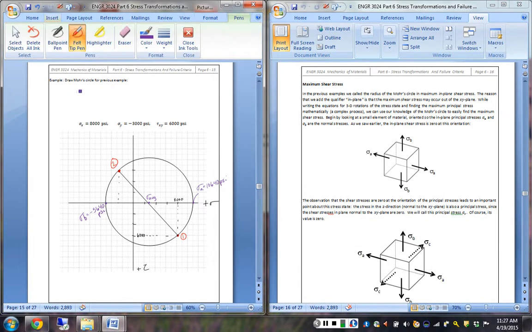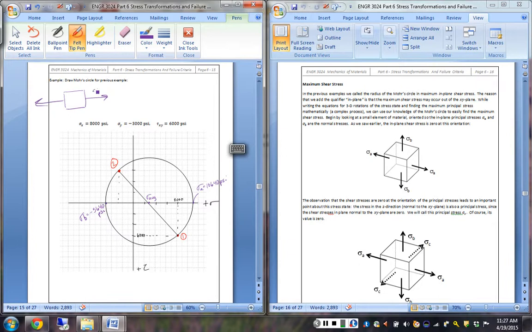And we're going to start by thinking about this same example that has this arbitrary stress state of sigma x equals 8,000, sigma y equals minus 3,000, and the shear stress of 6,000. And we've drawn this before in our planar view, because we've dealt with the in-plane or simplified stress state.